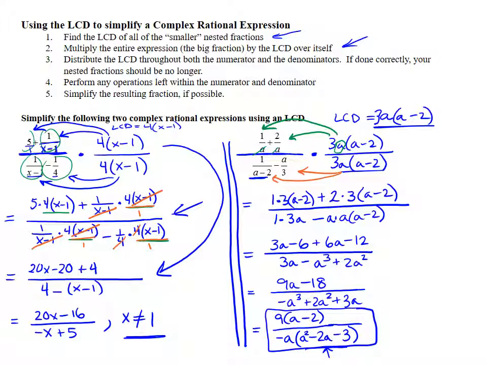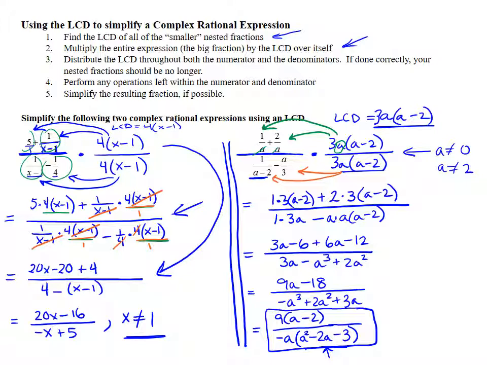And I did cancel up here the a's from the denominator, so a cannot be 0. I also canceled up here a minus 2's, so a cannot be equal to 2.